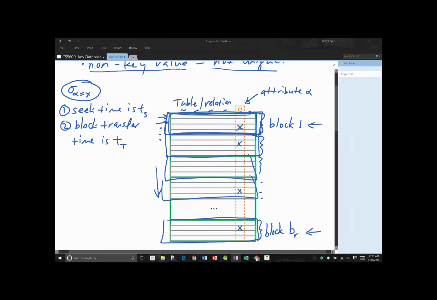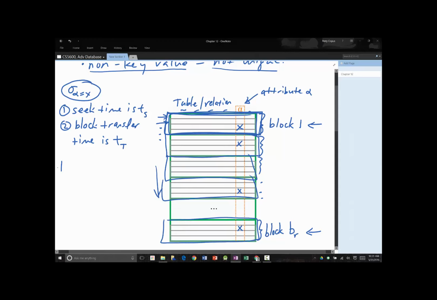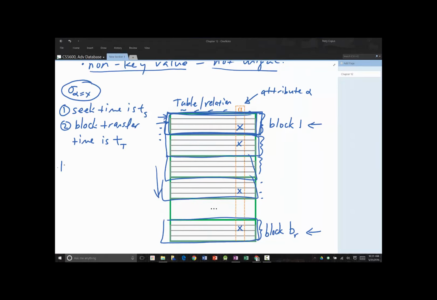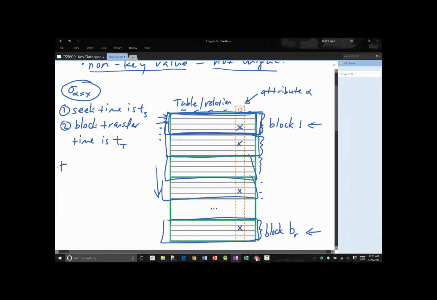So therefore, the total... let's try that again. The total cost is what? The time for a seek plus the time that it takes to transfer one block times the number of blocks.